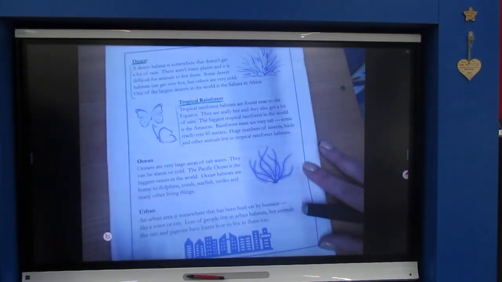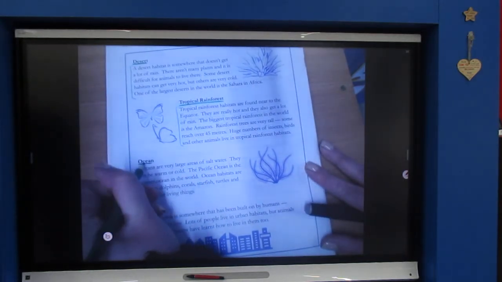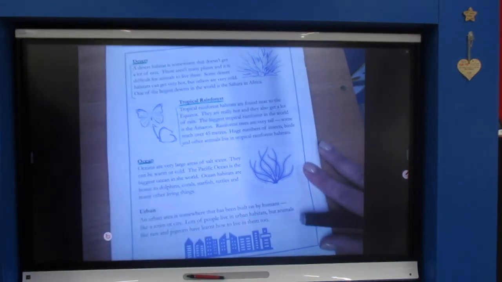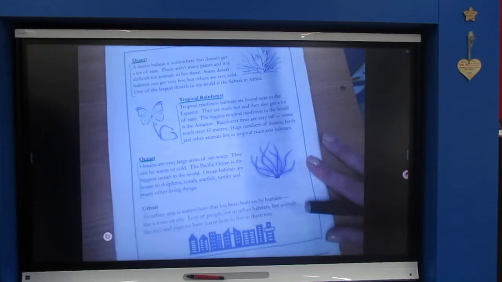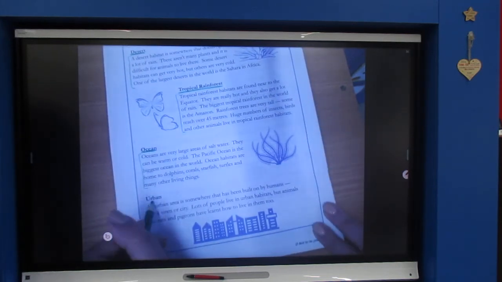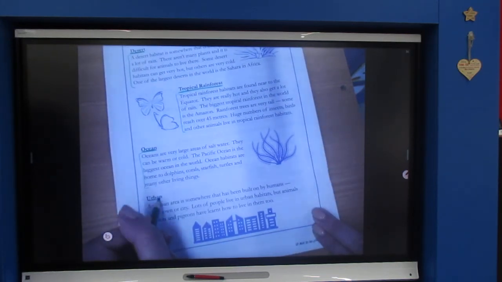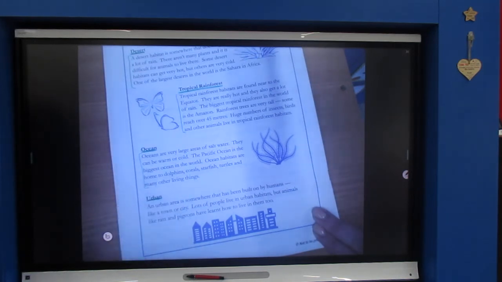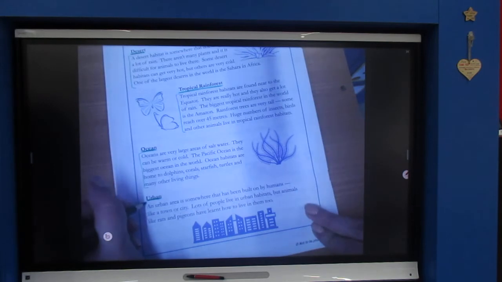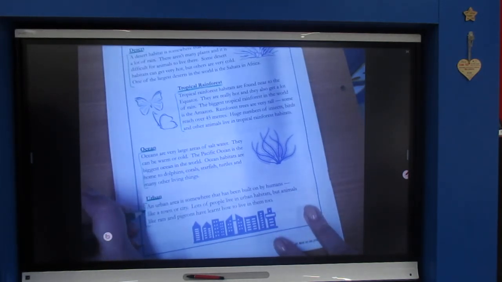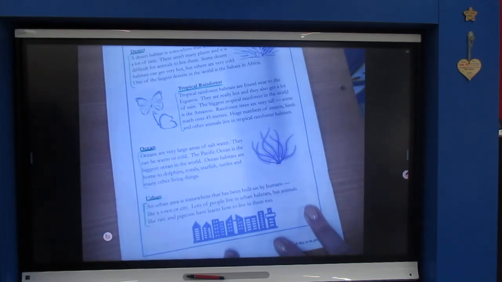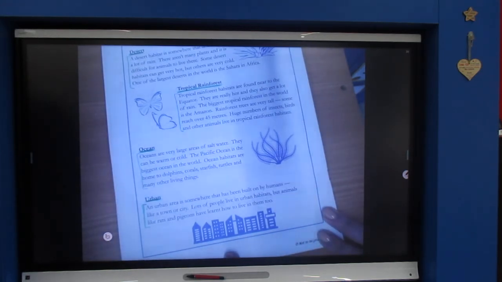And then I've got another subheading here, and this one is all about the ocean. And then I have another subheading, my last subheading, which is urban. And remember, we spoke about the word urban, and that means it has been made for humans to live, okay?